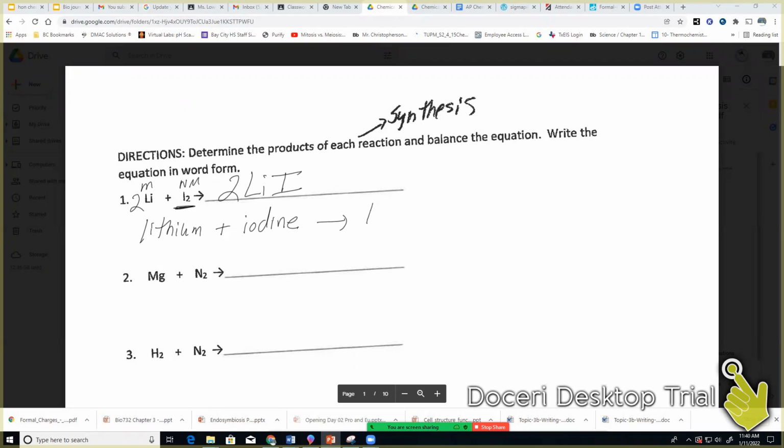When it comes together, it's going to form lithium iodide. Now that ending has changed because now it's part of an ionic compound. Instead of iodine, if you wrote iodide, that would be incorrect because iodide is an ion, and here it's just the neutral diatomic molecule. So that's the simple one, ionic compound.